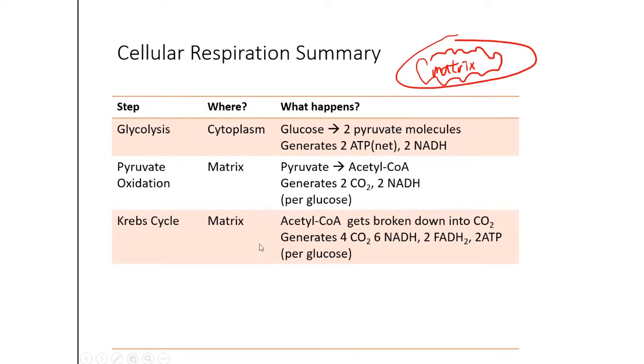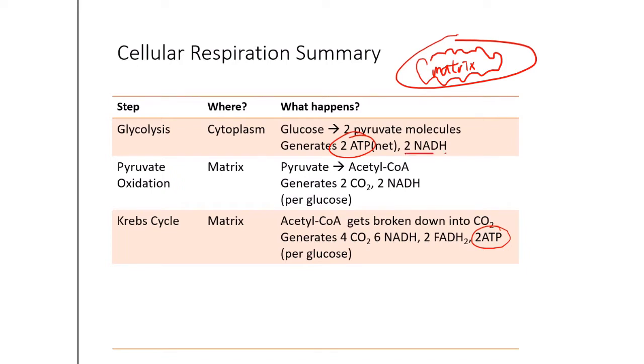So by now, glucose is completely broken down. You create as much ATP as you could from glycolysis and from the Krebs cycle. Much of the energy that was released through the oxidation of glucose has been captured by these energy molecules.